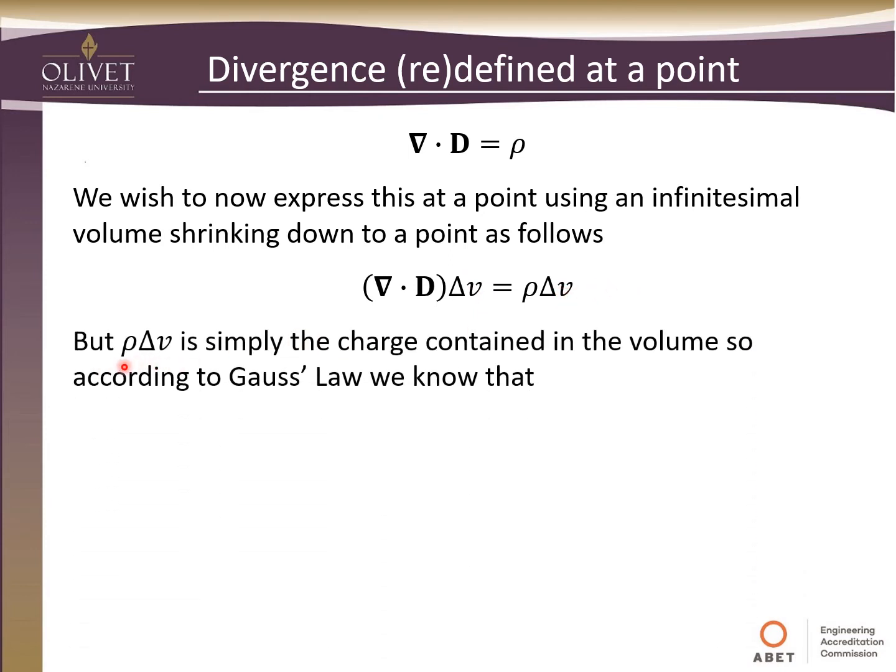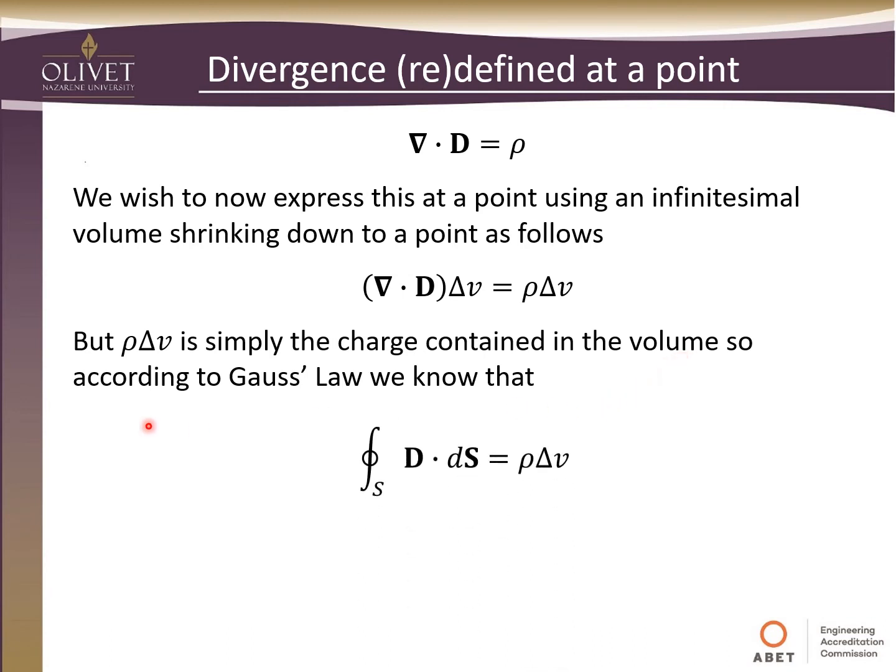When we look at this, this rho, which is our charge density, times this volume is simply the charge contained in the volume. So this will be the total charge in there, because this is charge per meter cubed and this is meter cubed, so that'll just give us the total charge contained in there.